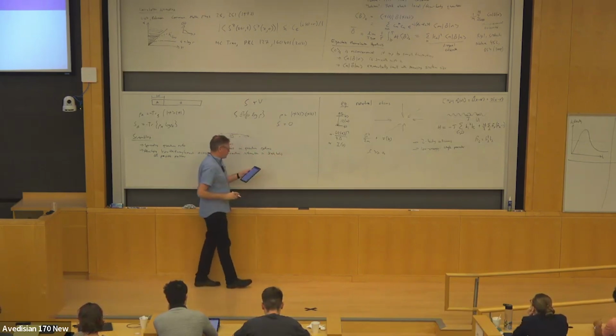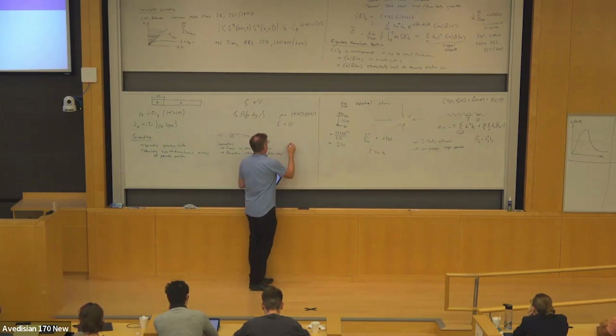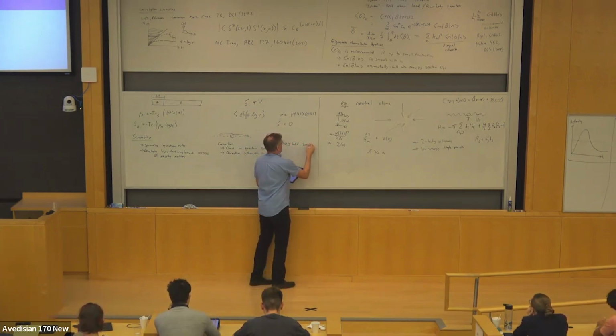And so there's a whole community of people who worked on this at different points. Beautiful papers, for example, thinking about this by Hayden and Preskill back in 2007 in the Journal of High Energy Physics. So again, this is from a very different community.